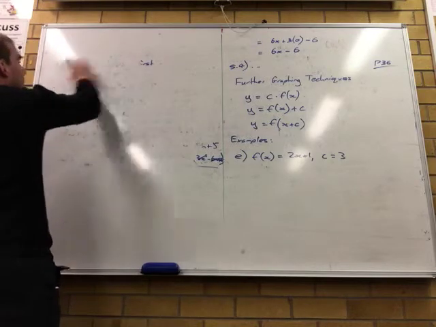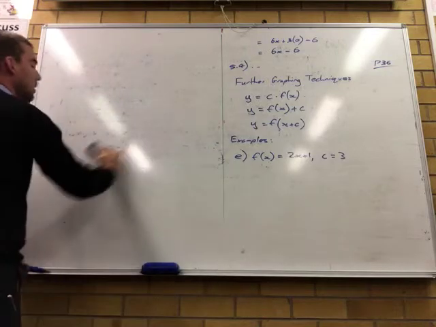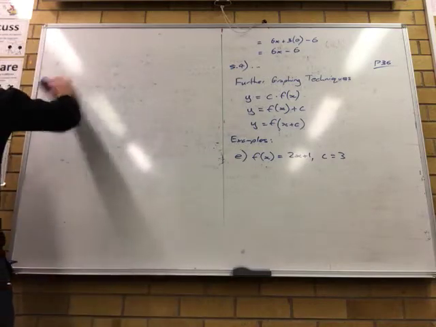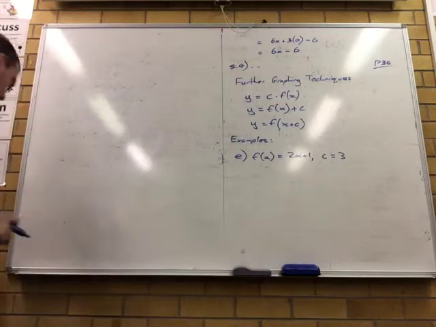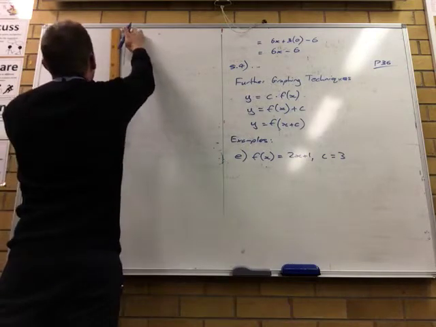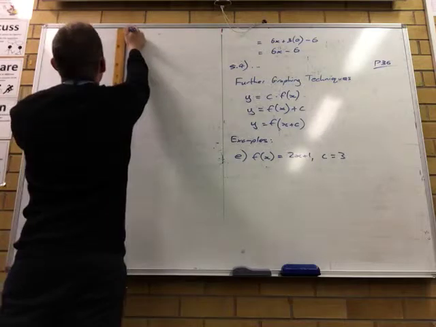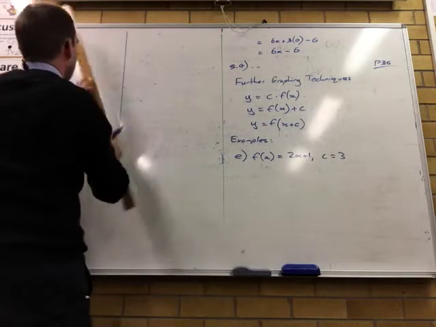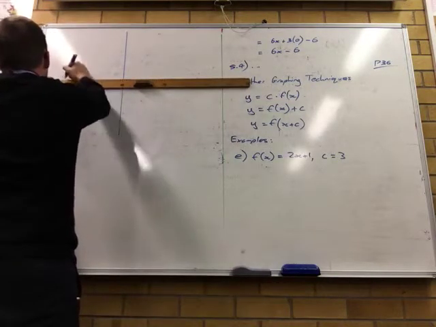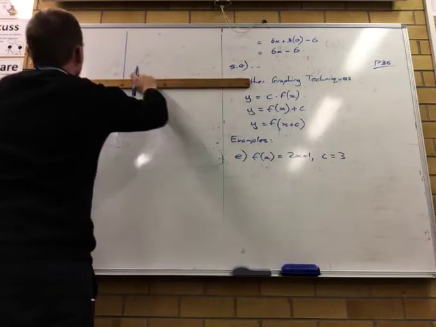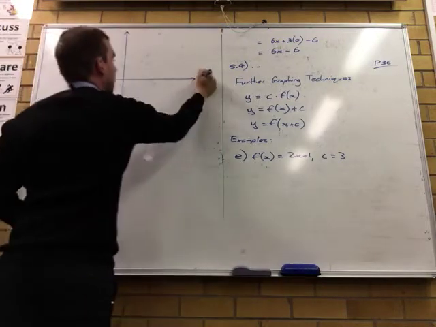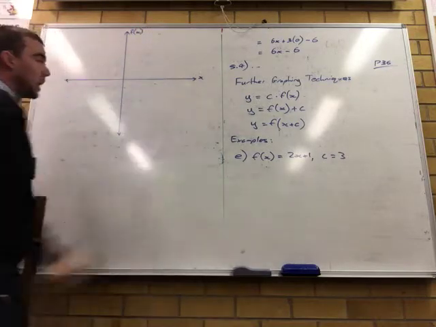It won't be so apparent now, but when we get later on in this topic, you'll see why you need to do a minimum of a third of the page. x, f of x.